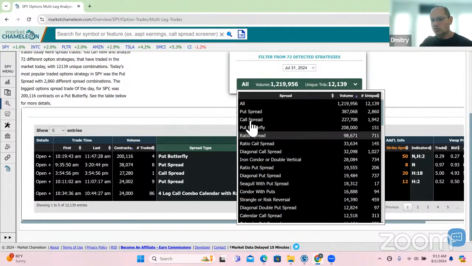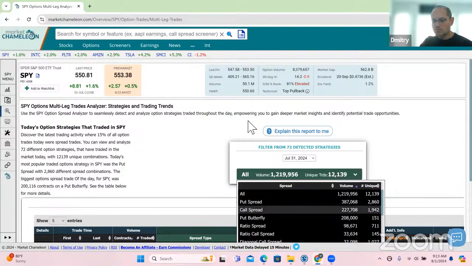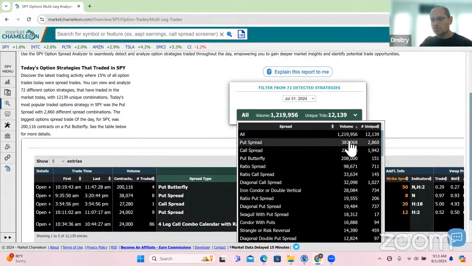And next to those strategies, put spread, we could see that there are a total of 387,068 option contracts involved in put spread strategies.